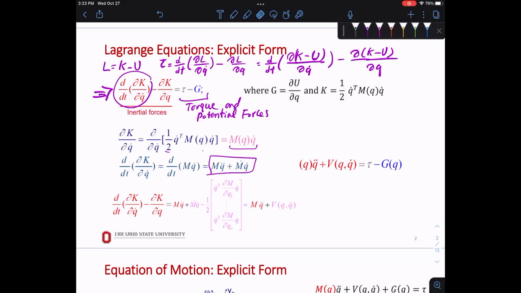Since M is a function of q itself, this expression is representing the velocity term V(q, q dot), and we are familiar with this. It came from the general formula. So I worked from here to reach my general formula. The rest of it is tau minus g(q), which is the potential energy. We're going to work with it.